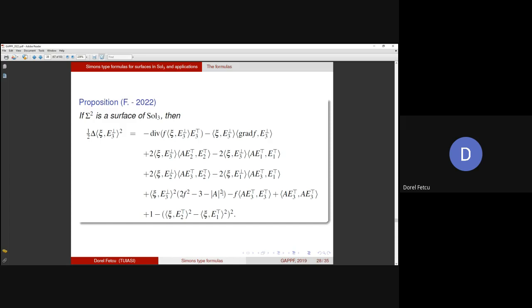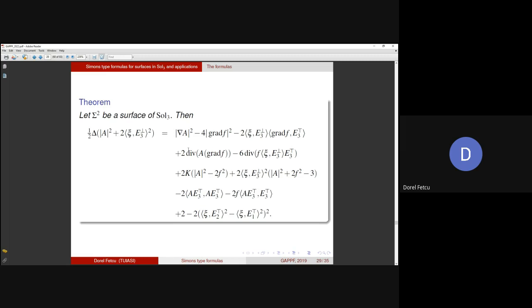So first we have this proposition that gives the Laplacian of the squared inner product between Xi and the normal part of E3. And putting together this formula and the first Simon's type formula, we obtain a second Simon's type formula, which looks like this.